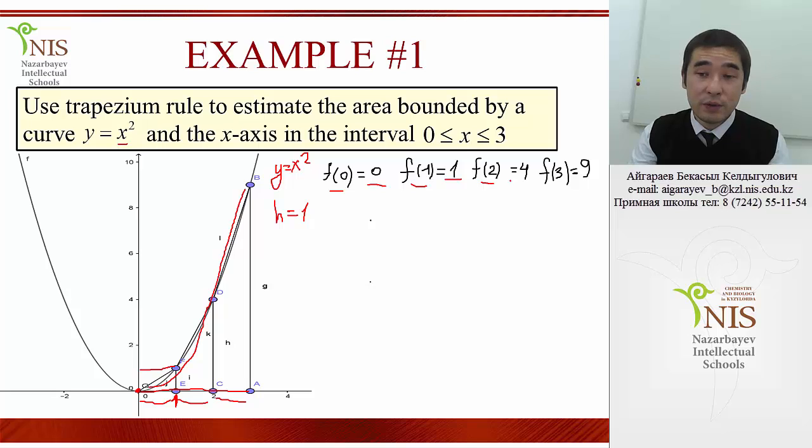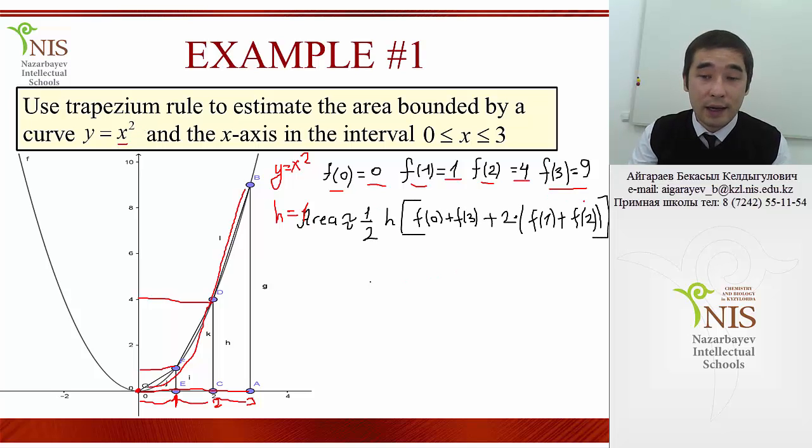And for f of 2, we have 4. As you can see, 2, that is 4. And for f of 3, we get 9. See, 3, it's 9. And when we put here 3, the square will be 9. So when we know all those heights, we can put them into our formula and find the area.